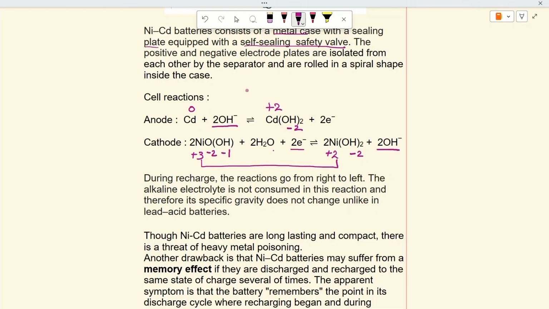Now, again this is a rechargeable one, and these cell reactions occur during the discharge or when we use the battery to derive electricity. During recharge or charging, what happens is these reactions are reversed.